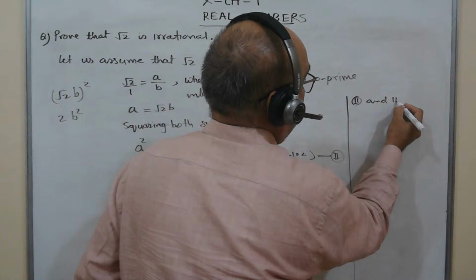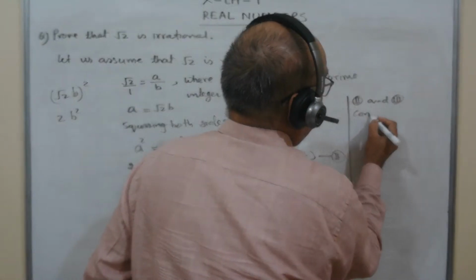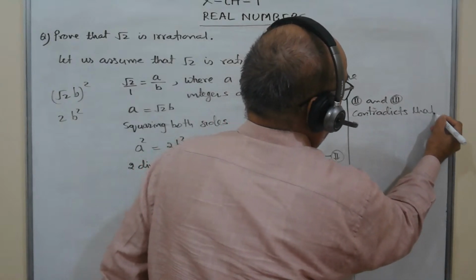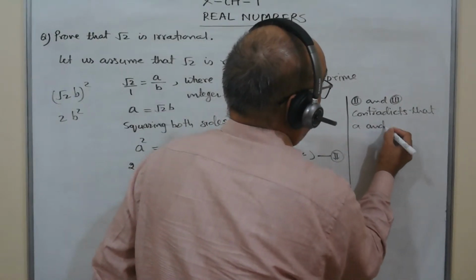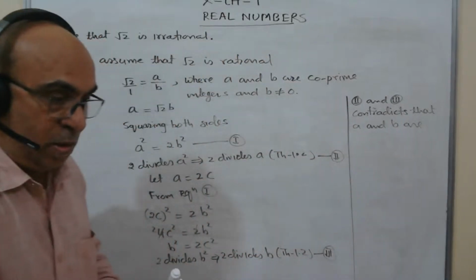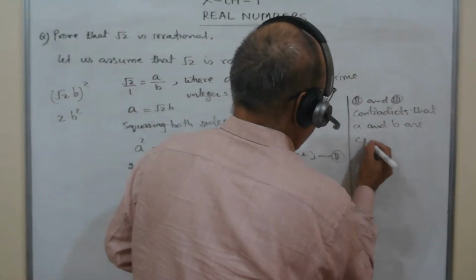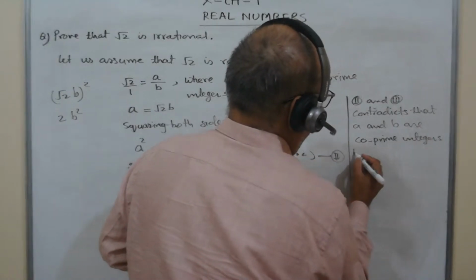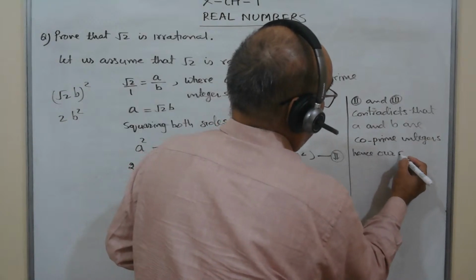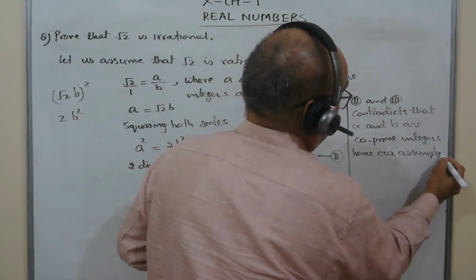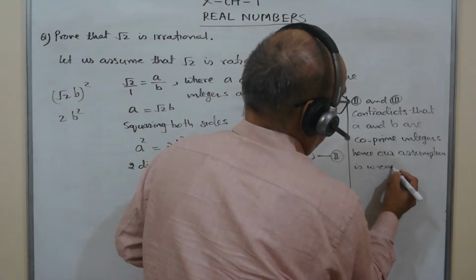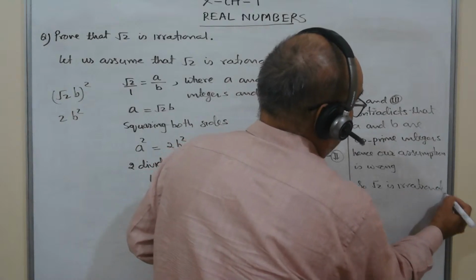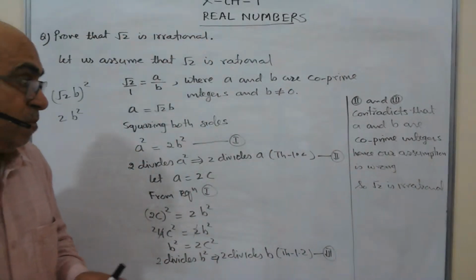Second and third contradict that a and b are co-prime integers. Hence our assumption is wrong. So root 2 is irrational because we supposed it is rational and it is wrong, so it will be irrational.